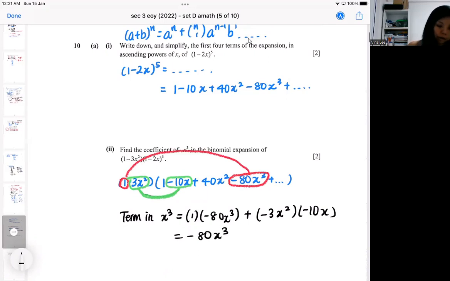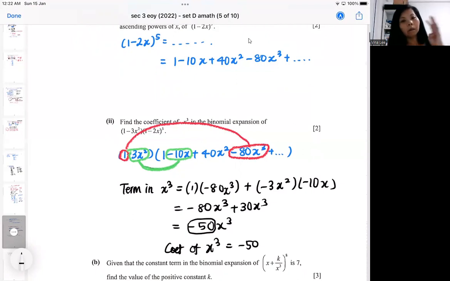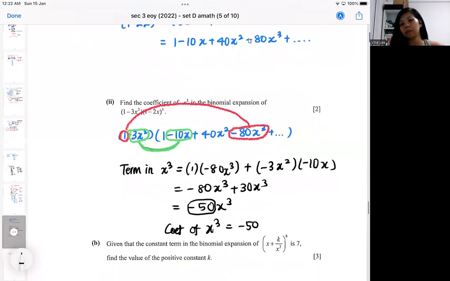So you simplify first. So you will get a minus 50x cubed. So the one that we want is the coefficient. So this is what I will call an arrow method. The arrow method is a very generic method. So there's also a video to do a more thorough explanation on this idea.